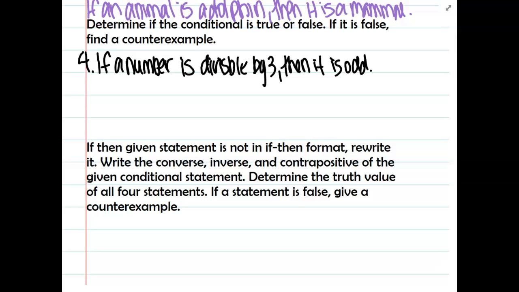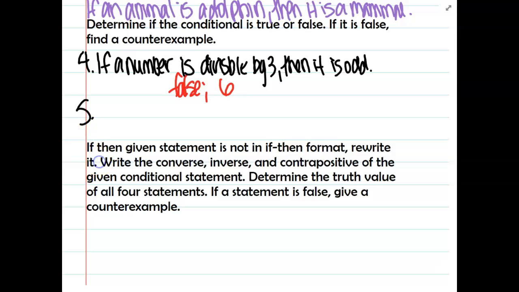Is that true? Now, if you're saying it's false, you have to provide me with a counterexample. You have to provide me with a number that's divisible by 3 that's not odd. 6. 24. Yeah. 30. Yeah. There's so many. It's actually every other one, right? Okay. All right. Let's do one more of those.